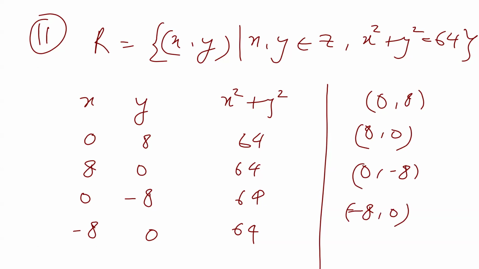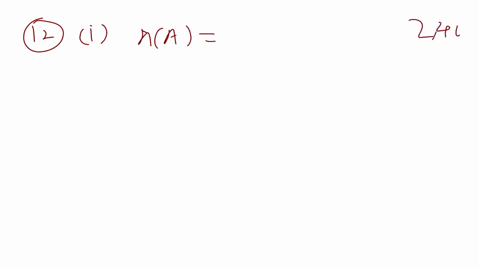Then 12th problem. Question number 12, sub question 1. N of A is equal to P. A is a set of even natural numbers less than 8, so 2, 4, 6.